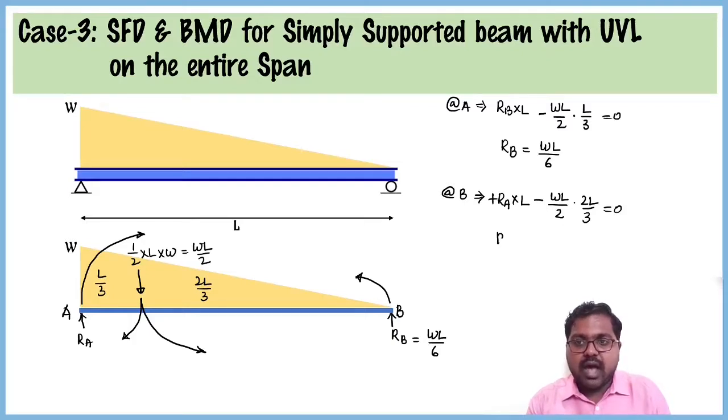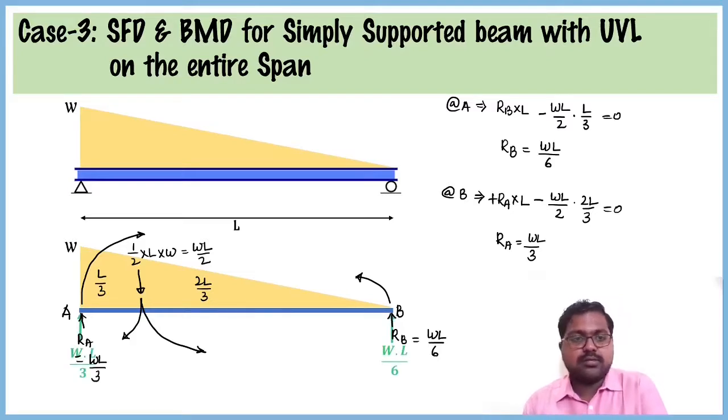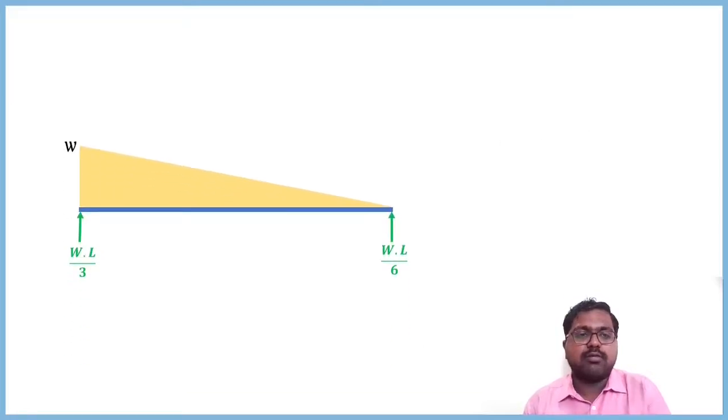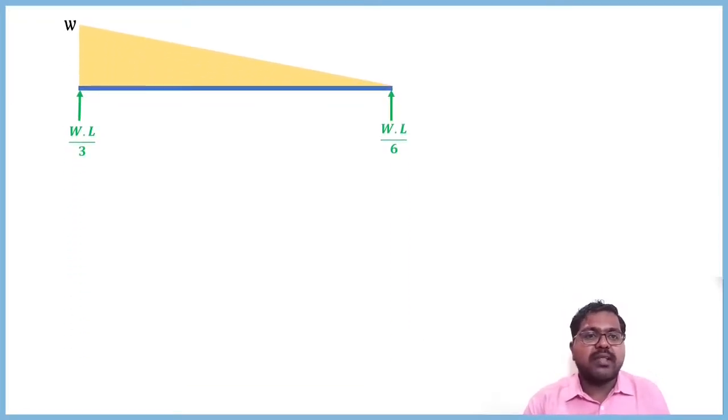So we will get RA value as WL by 3. So we will get these values WL by 3 and WL by 6 at RA and RB.